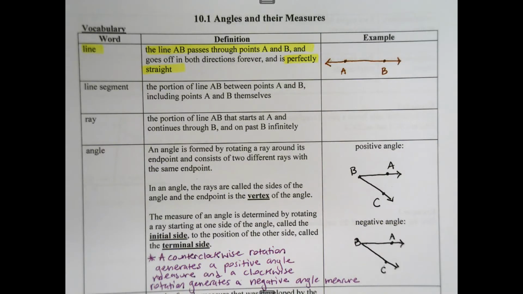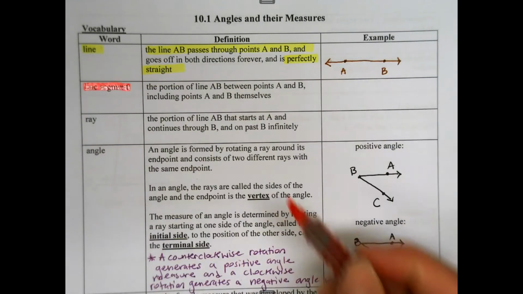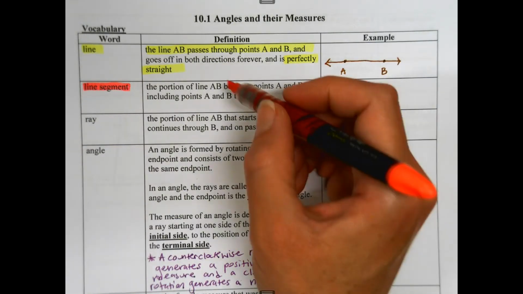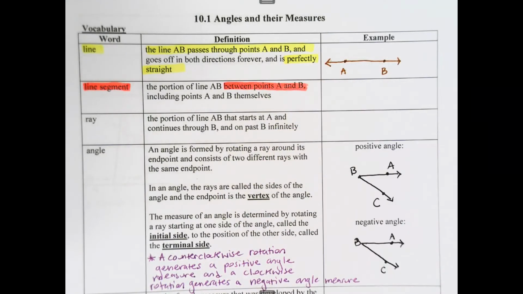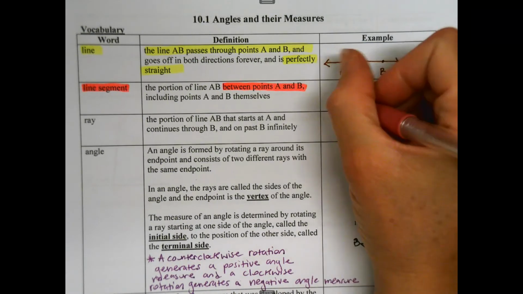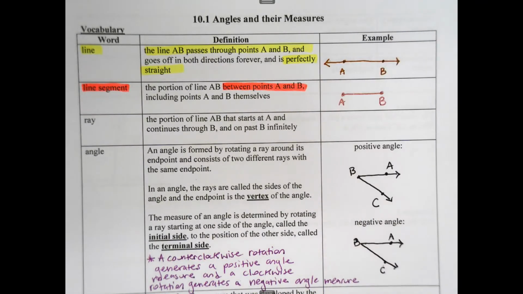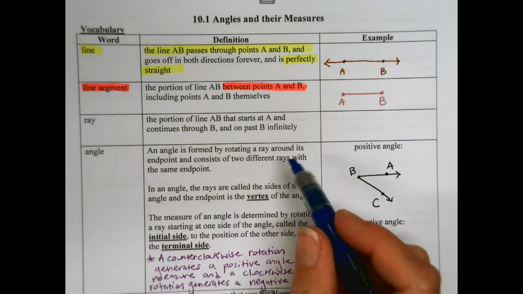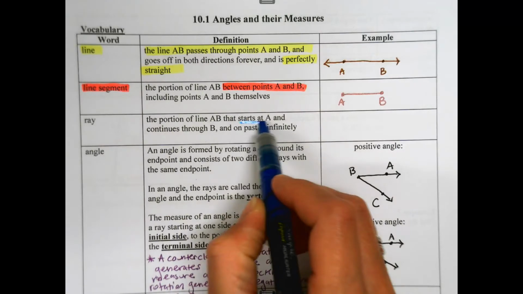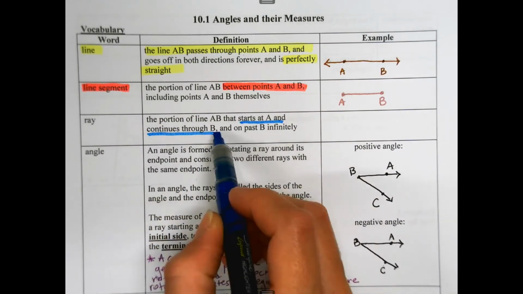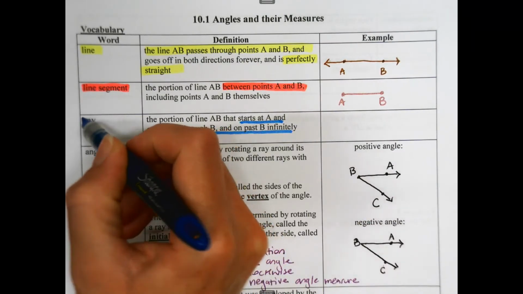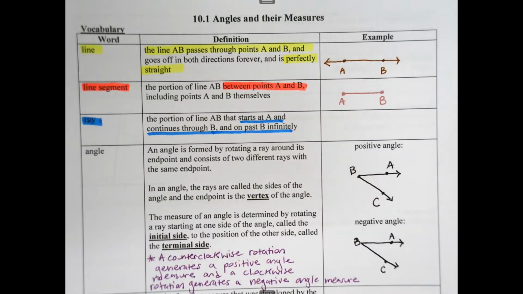A line segment is the portion of the line AB that is strictly between the points A and B, and it includes the endpoints, or those points A and B. A ray is the portion of line AB that starts at A and continues through B and on past B infinitely.